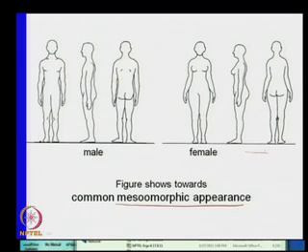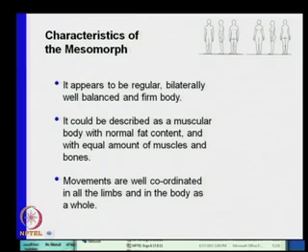What are the characteristics of the mesomorph? It appears to be regular, bilaterally well balanced and a firm body. It could be described as a muscular body with normal fat content and with an equal amount of muscles and bones. Movements are well coordinated in all the limbs and in the body as a whole.